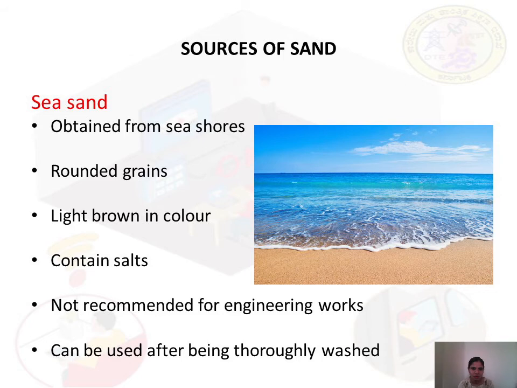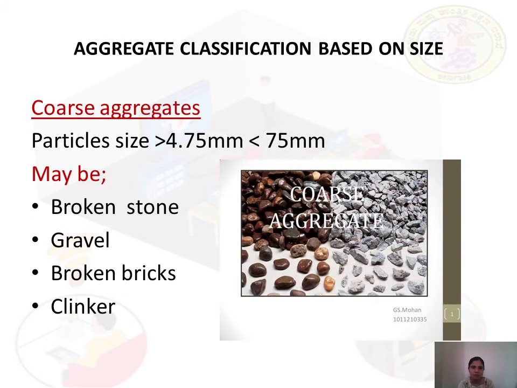Next we'll move on to the coarse aggregates. Okay, the coarse aggregate particle size ranges from 4.75 mm to 75 mm. The size of coarse aggregate here is greater than 4.75 mm but less than 75 mm.